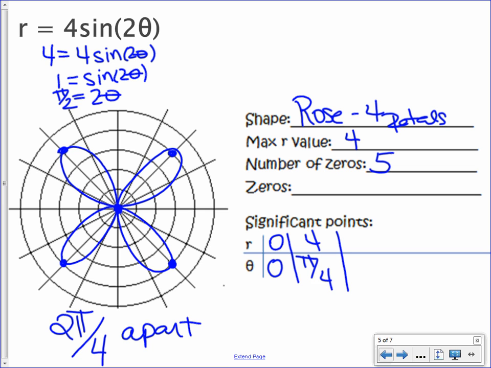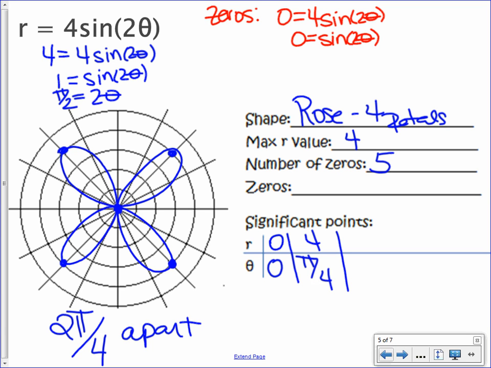Okay. How do we find zeros? To find our zeros, we need to plug 0 in for R. Which really means 0 equals the sine of 2 theta. Okay.